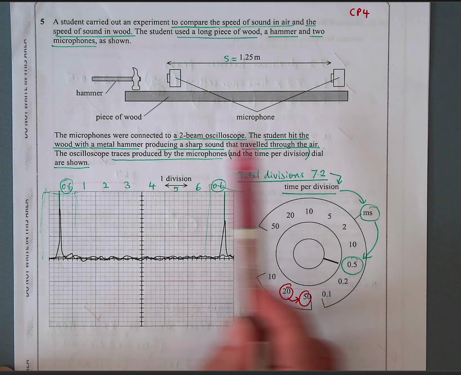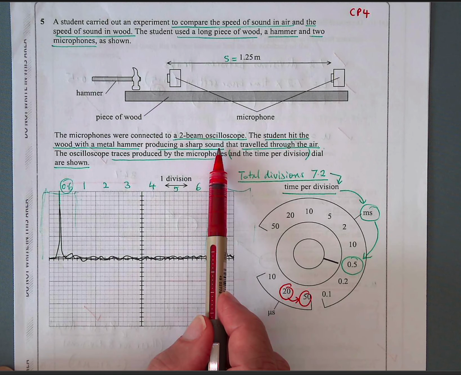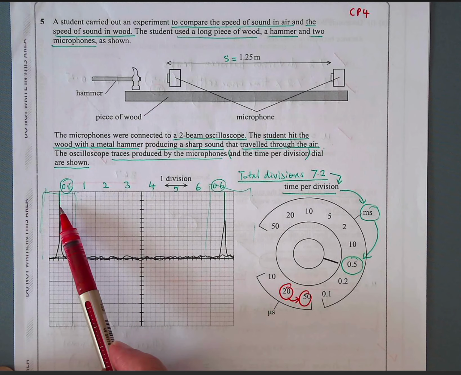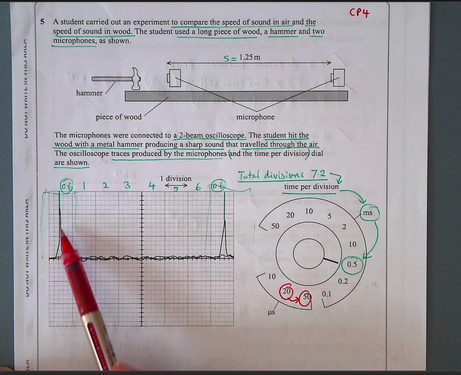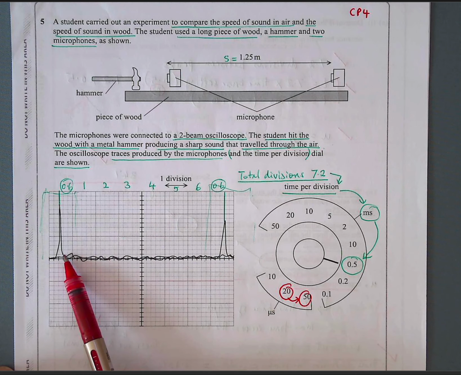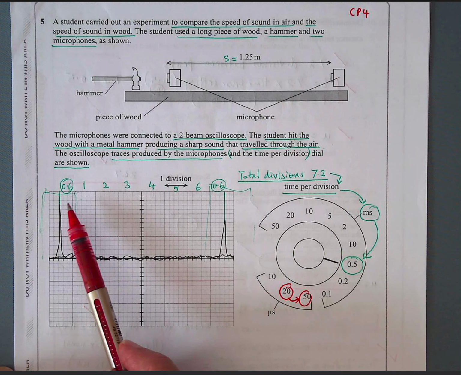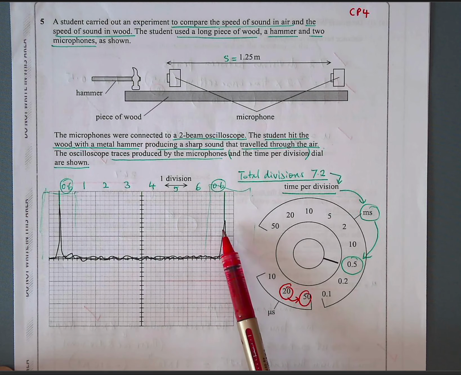The student hit the wood, he said, with a metal hammer, producing a sharp sound. The sharp sound is indicated by how quickly it produces a peak and then how quickly it dies down again. So a sharp sound produces a sharp peak. Yeah, and the first one and the second one.